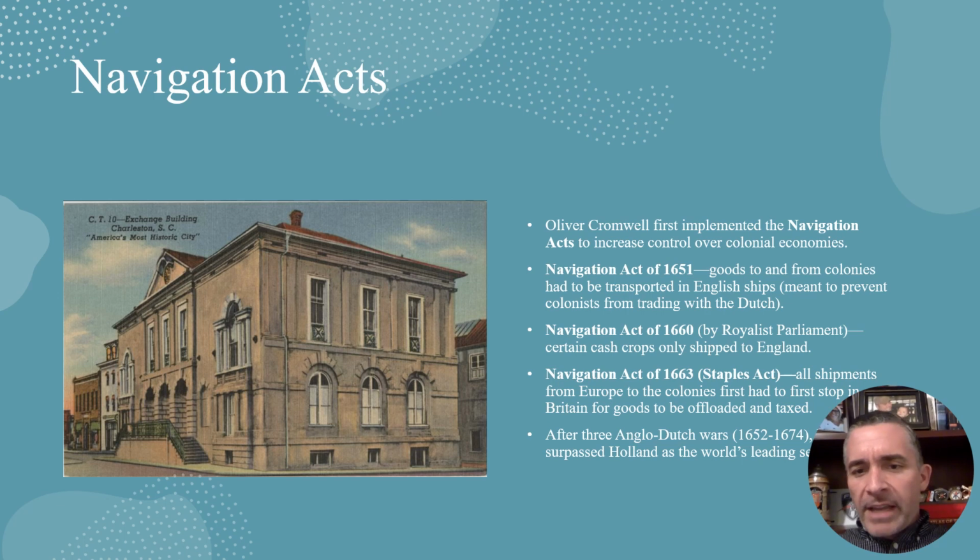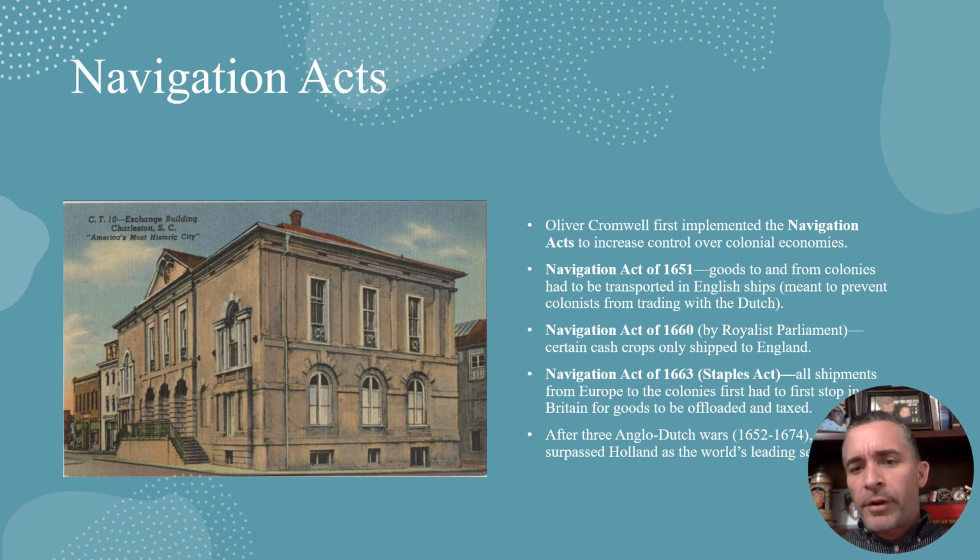Then there was the Navigation Act of 1660. This was after Oliver Cromwell, when Charles II was king, and this stipulated that certain cash crops, such as tobacco and rice, could only be shipped to England, not Europe. Then there was the Navigation Act of 1663.